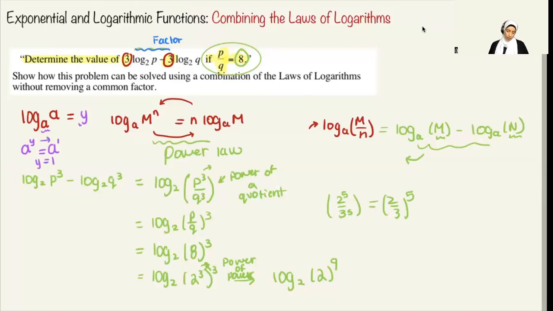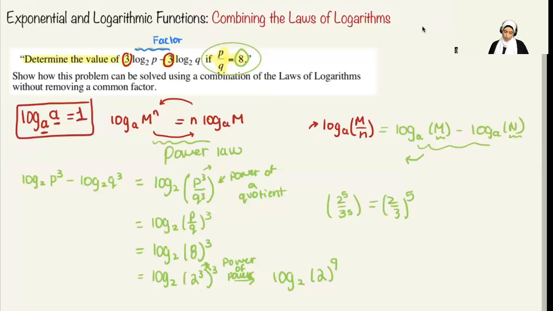And so anytime you have this situation over here where you have the same base as the argument, so these two are the same, the base and the argument, this is always going to equal 1, okay? All right, so I could use this over here.